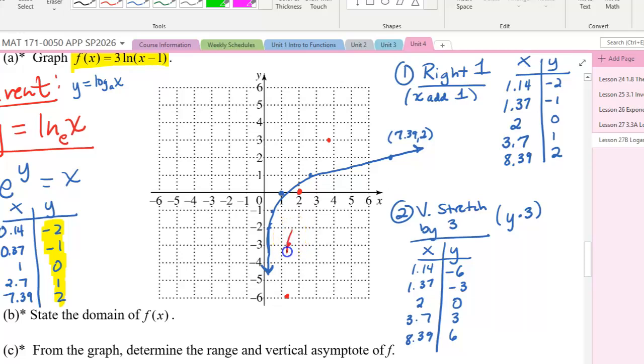So we can see this function here is our transformed function. And it's actually going to come way up here to 6.